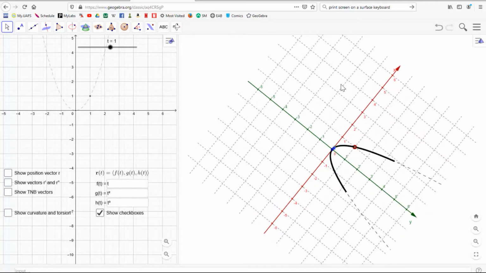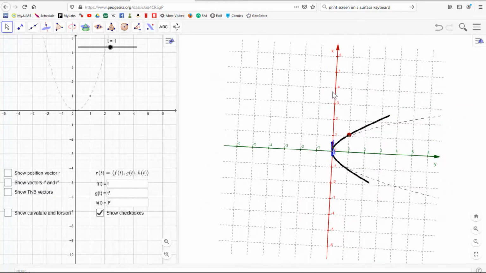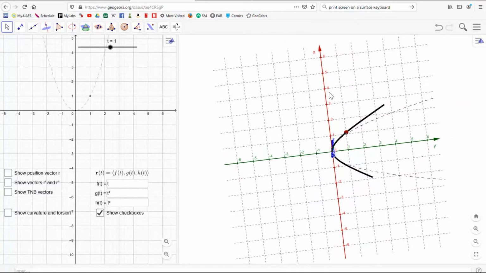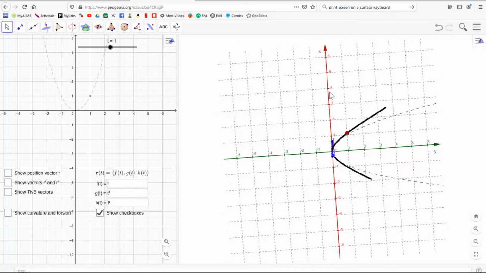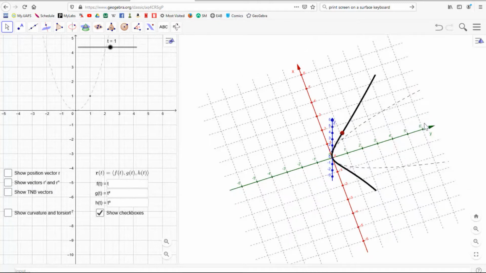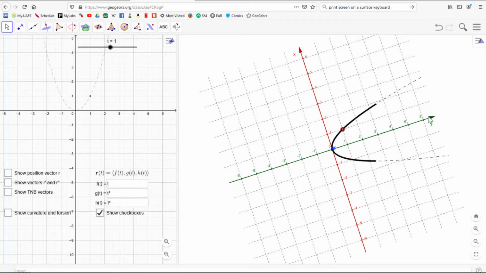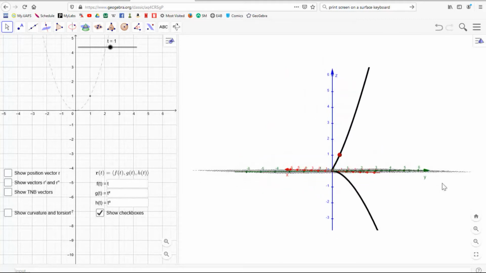Okay, that way, if I get it turned just right, is the XY plane. I almost had it. I don't know how to rotate this thing around.